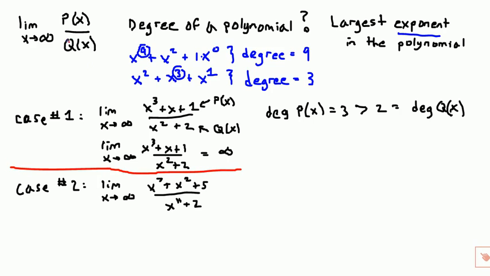In this first example, the degree of the numerator, the top, was greater than the degree of the denominator. How about in this case? What's the degree of the denominator? It's 11. And the degree of the numerator is 7. So in this one, the degree of the denominator is larger.